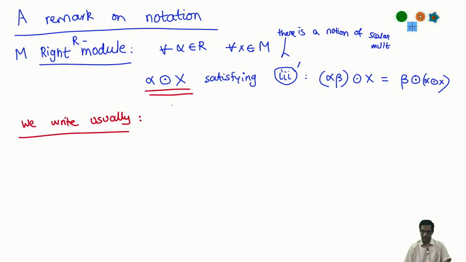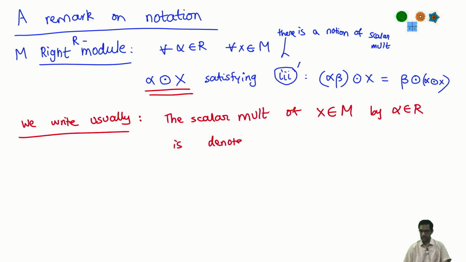So if M is a right R module, then the scalar multiplication of the element x in M by the scalar alpha in R is denoted as follows: x scalar multiplication alpha. Alpha is thought of as being a scalar that multiplies on the right.